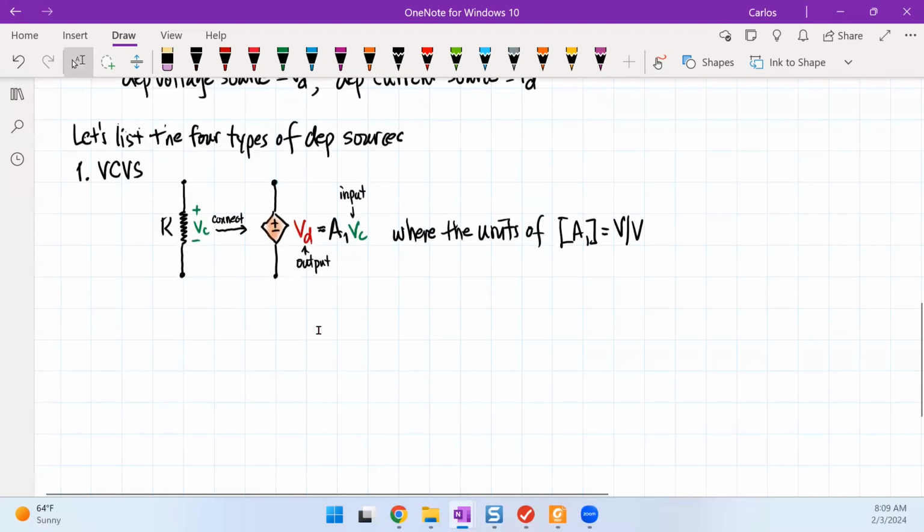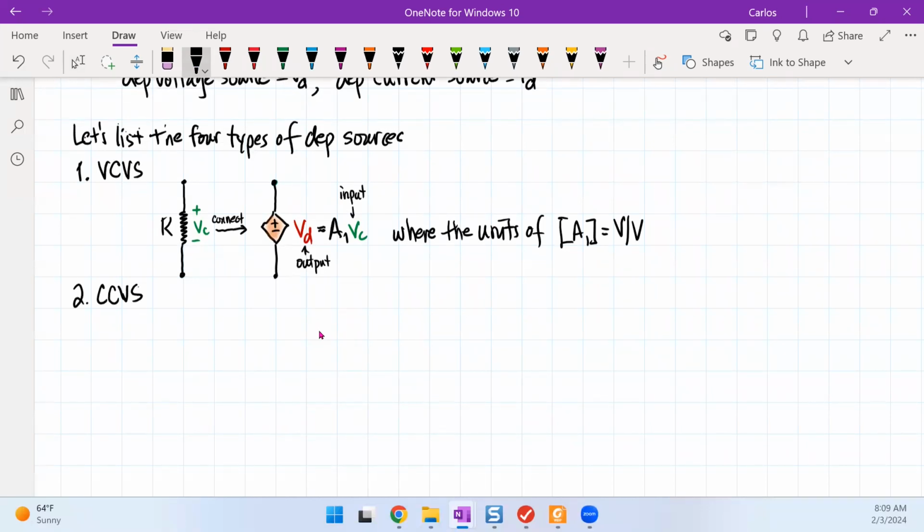So then I come to the next one, which is going to be our current controlled voltage source. So again, focusing on the resistor, a little bit later on it's not going to just be about a resistor. It'll get more complicated.